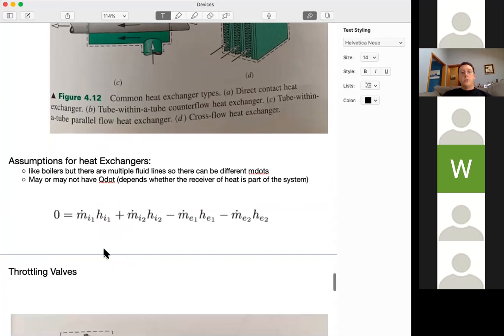All right. So I should have written one more equation here. I forgot my mass balance equation.